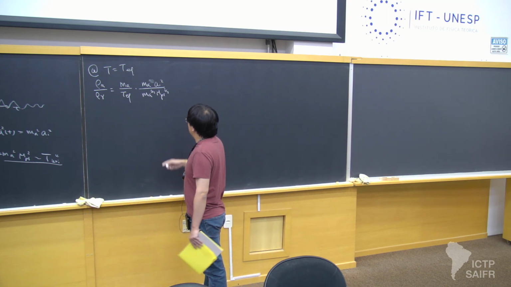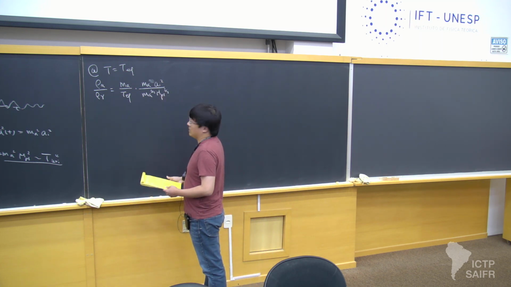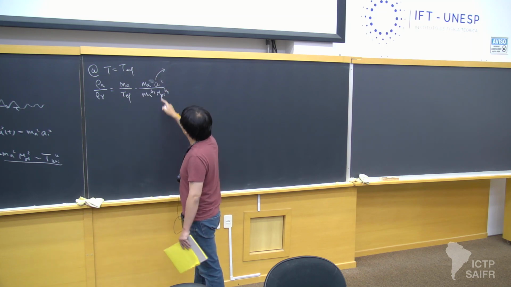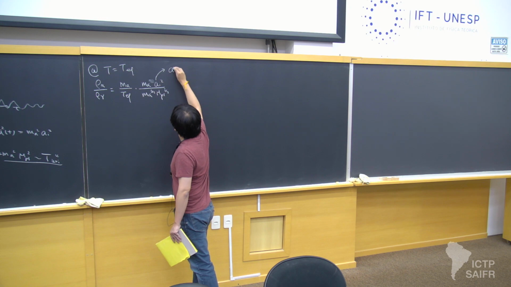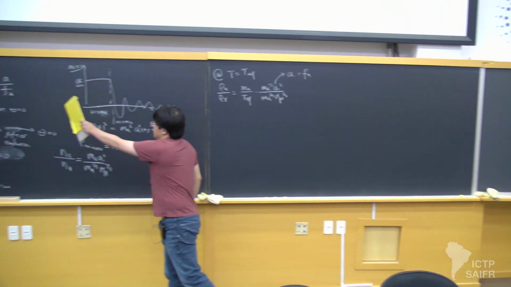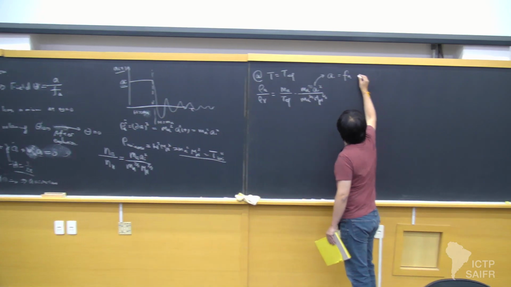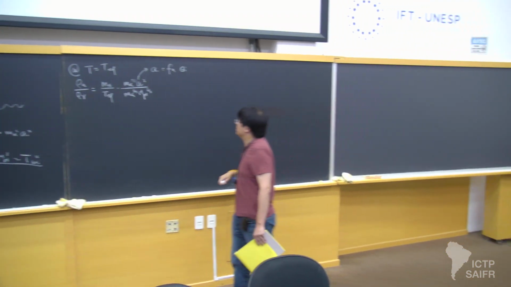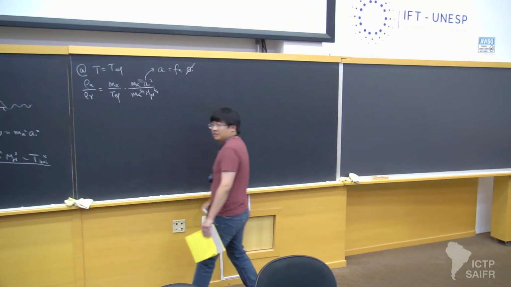OK, so my initial axion value, as I said, theta has to be order 1. So Ai is equal to Fa, the decay constant, times theta i, and theta i is an order 1 number. Let's just approximate it to be 1.